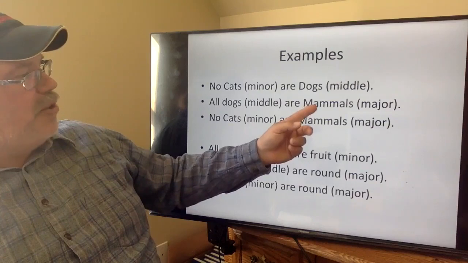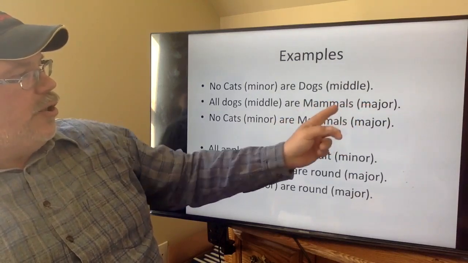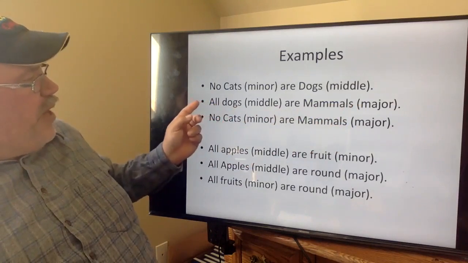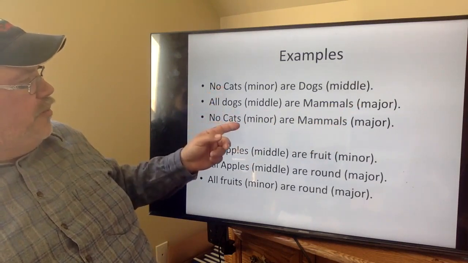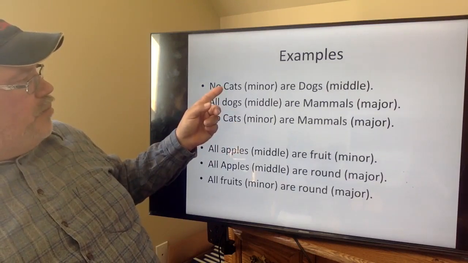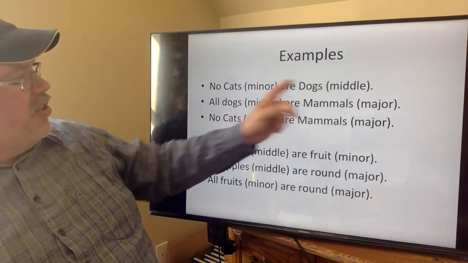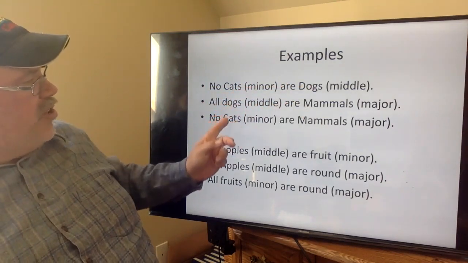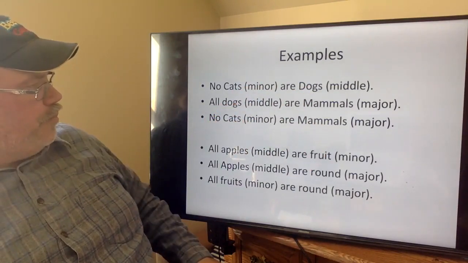There's mammals there, so that's still the major term, and this statement becomes the major premise. Cats occurs in the first premise, so that's the minor premise. And notice that dogs is left over. It's neither here nor there, so it is the middle term.